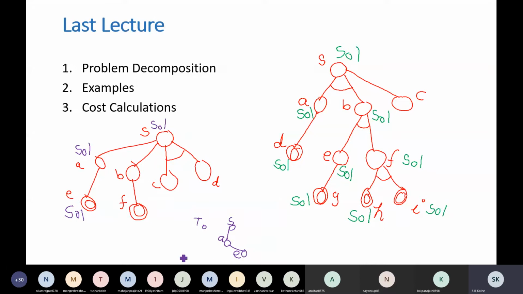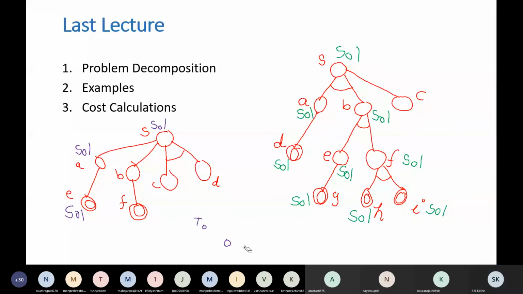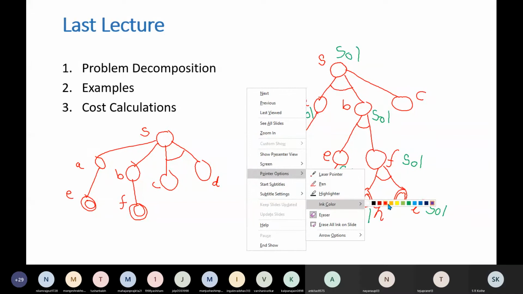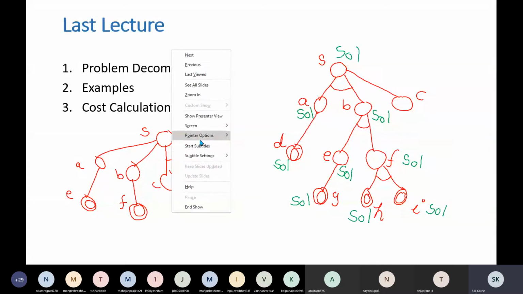Now consider another possibility. Suppose, let me remove this first. Suppose you are at node F, and this F happens to be an unsolvable node.